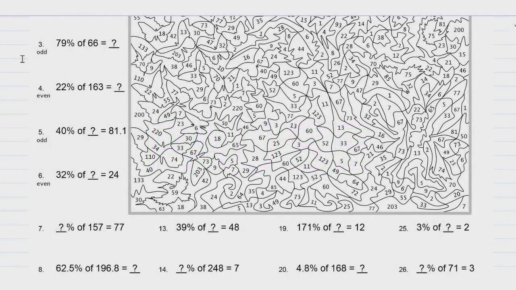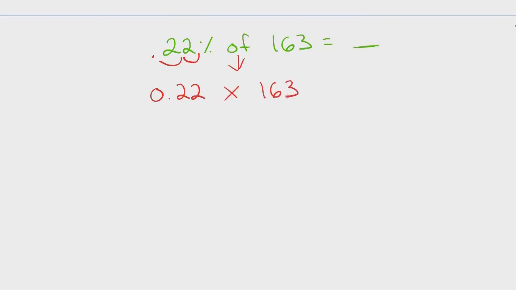Welcome back. You were supposed to do 4, 5, and 6 on your own. Problem number 4. You have 22% of 163 equals a number. We're going to quickly change this to a decimal. So we move the decimal over 2 spaces, and we get 0.22. "Of" turns into multiplication, and we get 163.